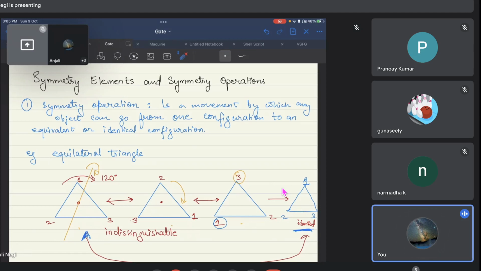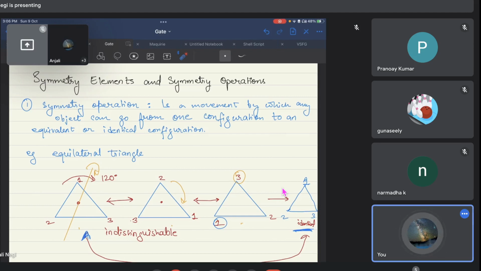If I am tagging a particular hydrogen atom in a water molecule, after a rotation around one axis, that tagged hydrogen atom will not be in the position that it was before. So the configuration I am getting is actually different from the previous one. It is not identical, but it is equivalent to it. There we get the difference between equivalent and identical configurations.